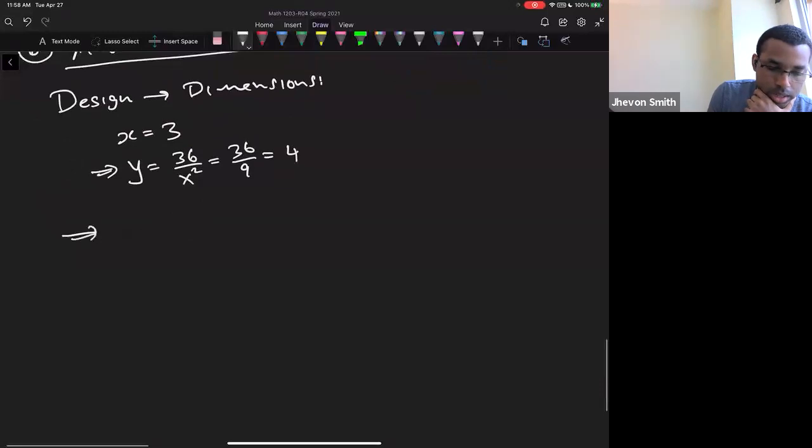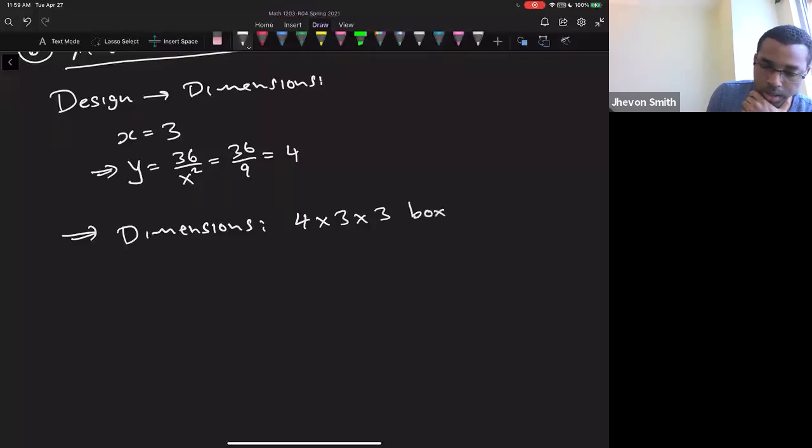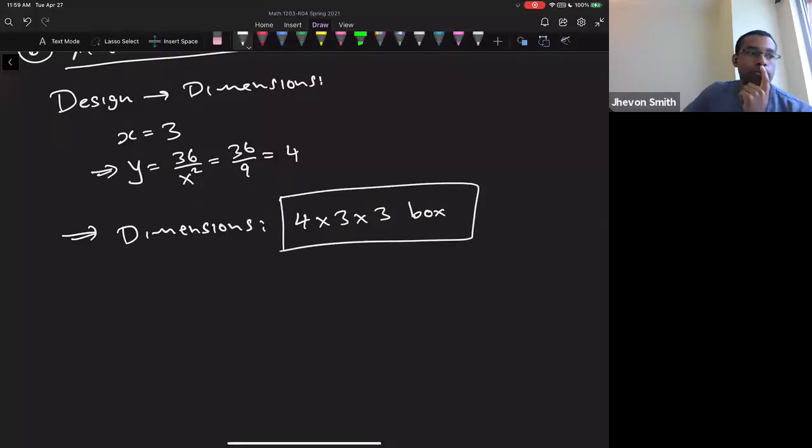So this means dimensions are, it's a 4 by 3 by 3 box. Right? So the square sides has like 3 inches by 3 inches, and the other length is 4 inches.